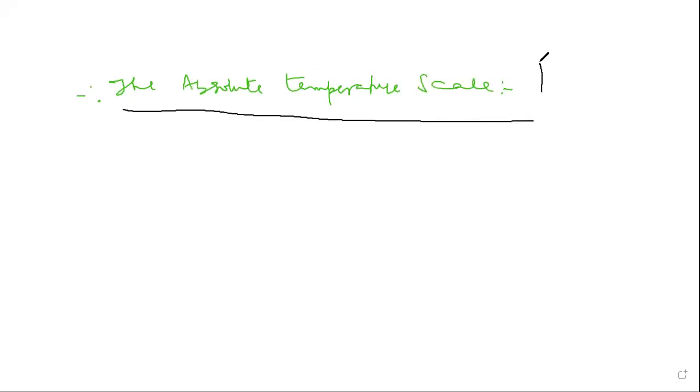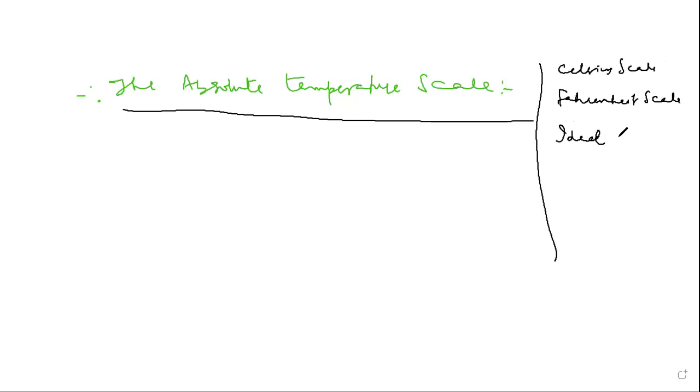Remember, we have already discussed temperature scales. We have discussed the Celsius scale, the Fahrenheit scale, and the ideal gas temperature scale, right?